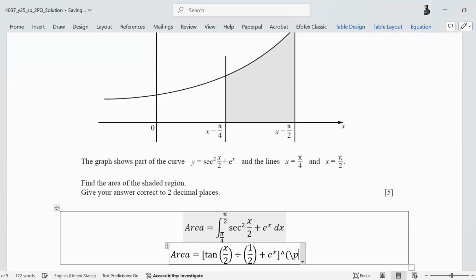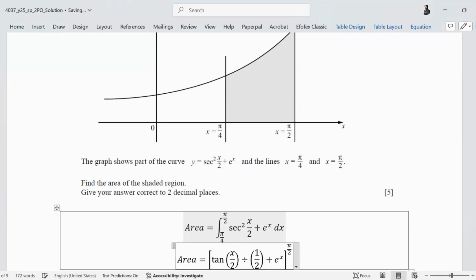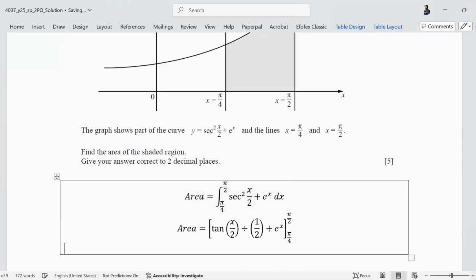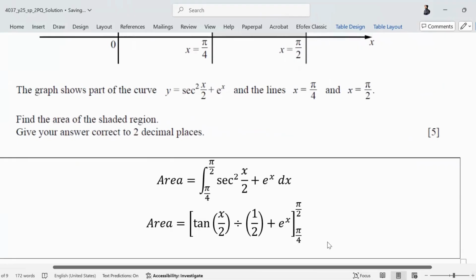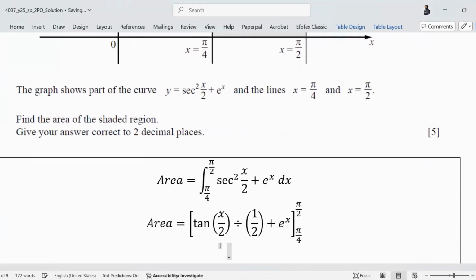The upper limit is pi by 2 and the lower limit is pi by 4. Make sure your calculator is in radians for these steps. And once you have this, just simplify a bit. Divide by 2. So 2 tan of x upon 2 plus e to the power x.